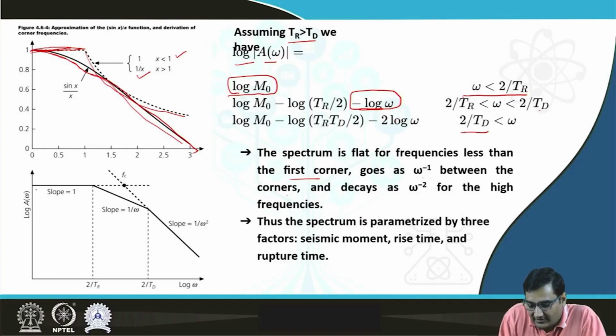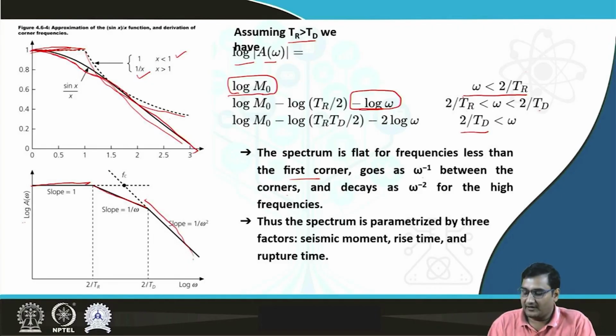So this is what it is here. So log of A(omega) will be flat up to 2 by TR. In between 2 by TR and 2 by TD, it will have the slope 1 by omega, and for frequencies greater than 2 by TD, the slope will be 1 by omega square here. So this path it will follow.